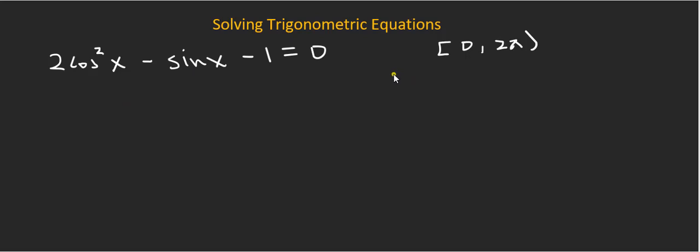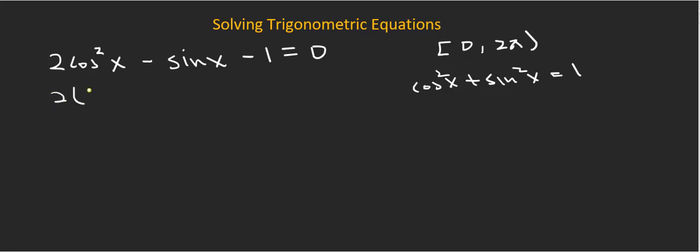So if you remember from the Pythagorean identity, you have cosine square x plus sine square x equals 1. So what is cosine square x? That's 1 minus sine square x.